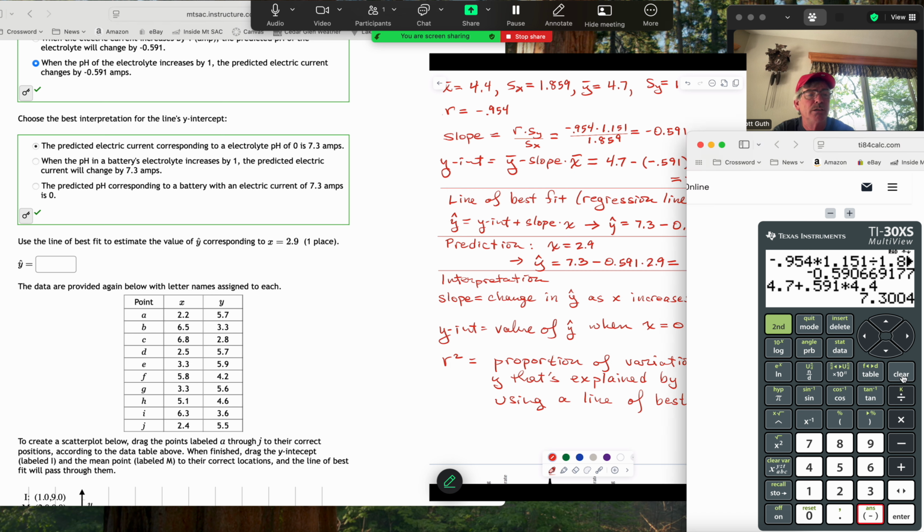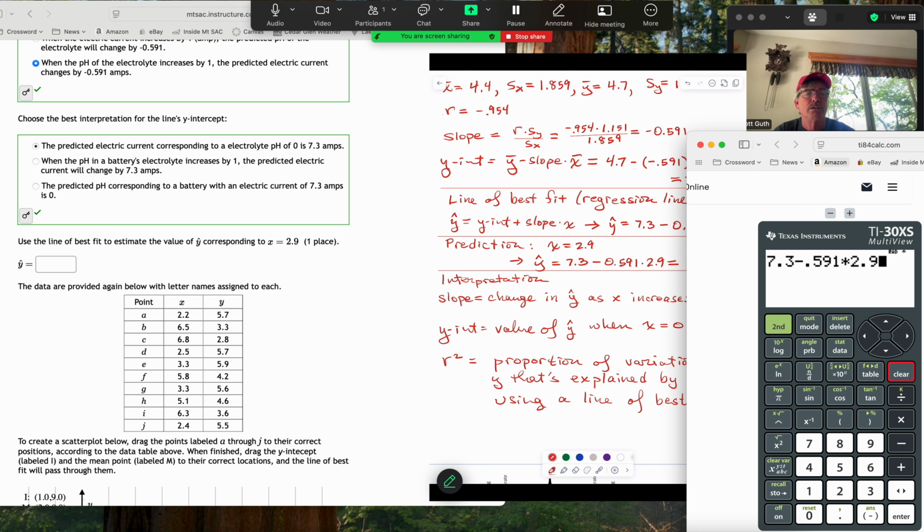Okay, so we'll figure out what that is on the calculator over here. So we're doing 7.3 minus 0.591. Oh, dang it. 7.3 minus 0.591. You got to do times with the asterisk there, and x, which is 2.9.